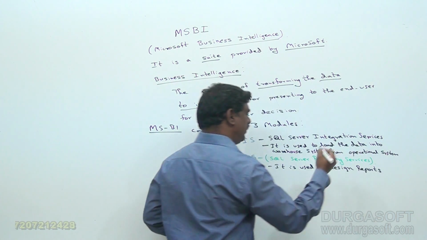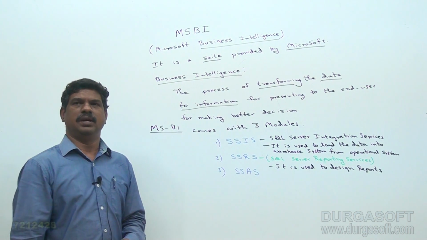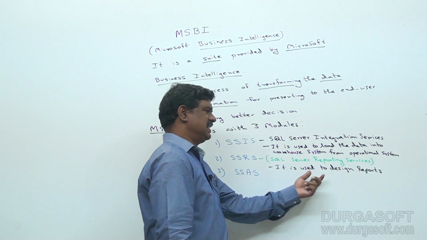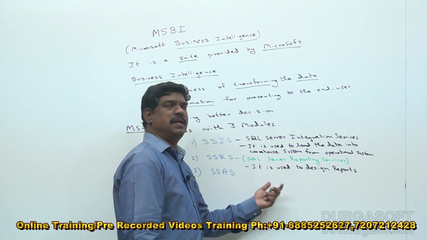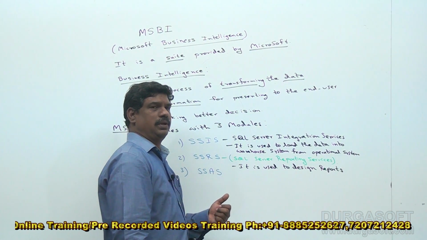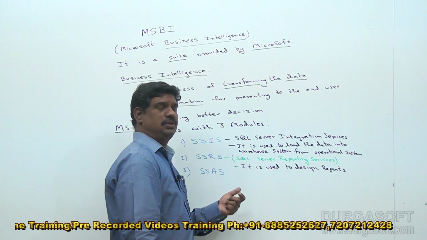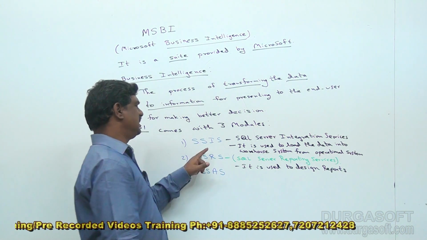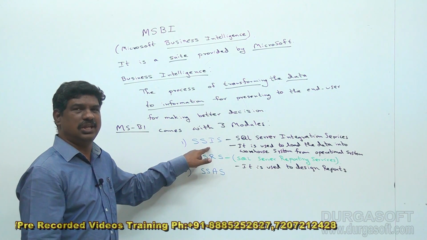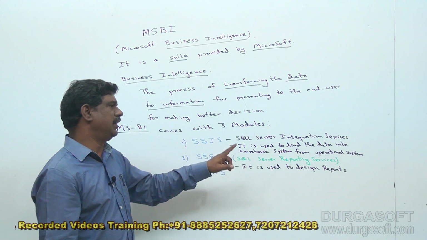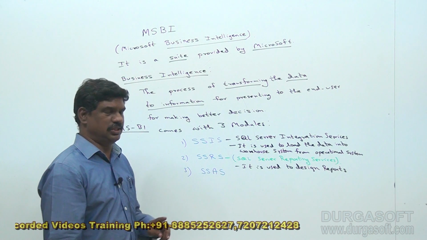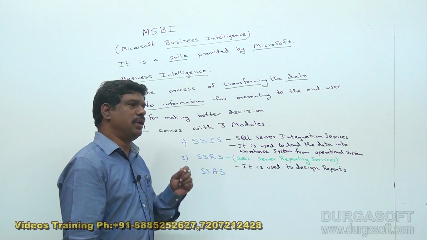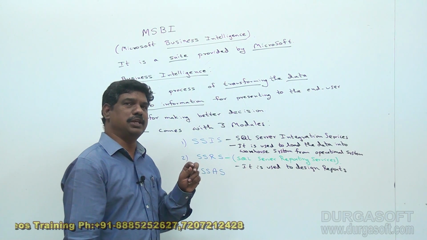It is a service used to design a set of reports. After designing the reports, we publish them to the reporting server, so that the client can access those reports. So SSIS is an integration service used to load the data into a warehouse system. SSRS is used to design the reports.